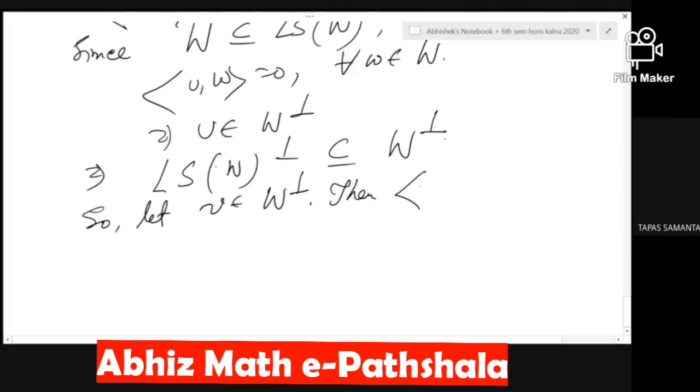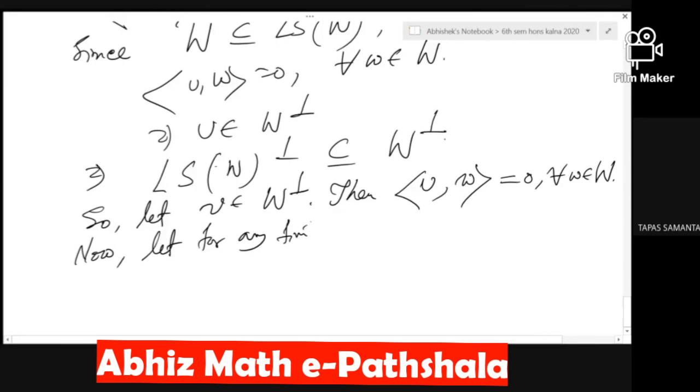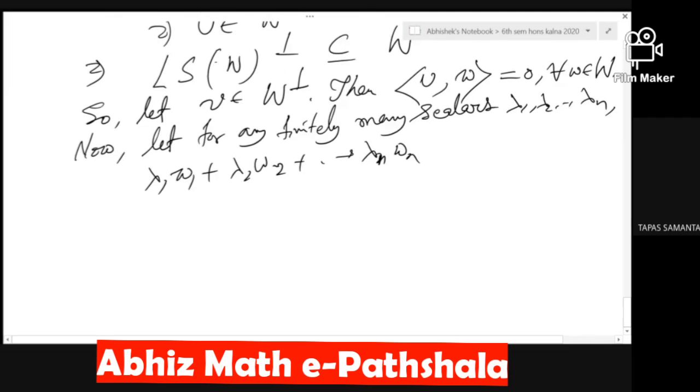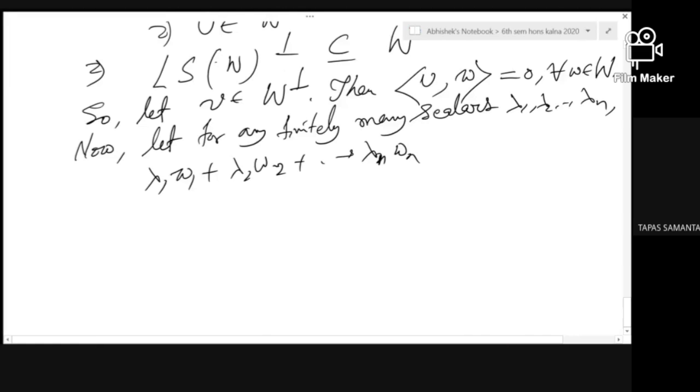Then <V, w> equals 0 for all w belonging to capital W. Now for any finitely many scalars lambda 1, lambda 2, ..., lambda n, the vector lambda 1 W1 plus lambda 2 W2 plus ... plus lambda n Wn is always a member of the linear span of W.